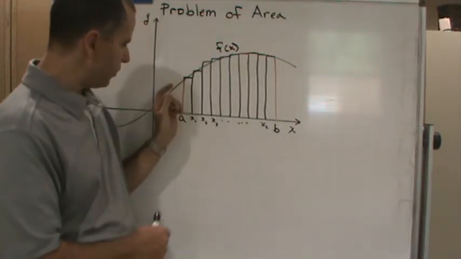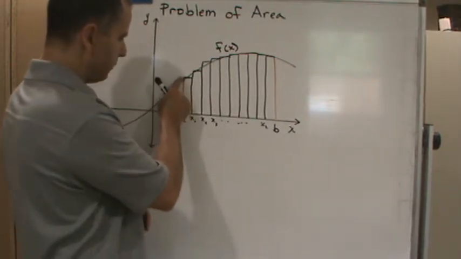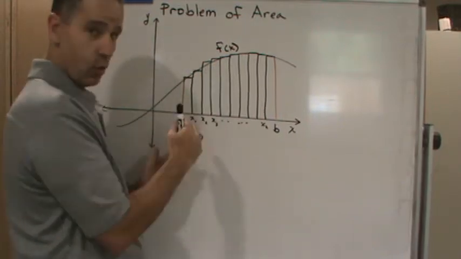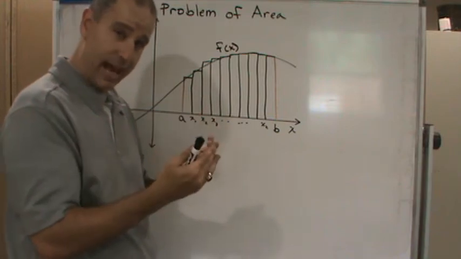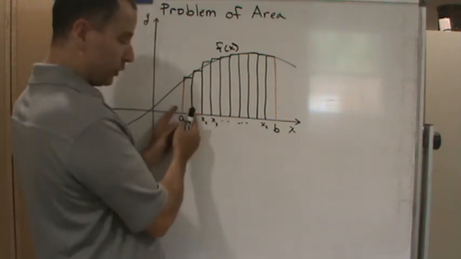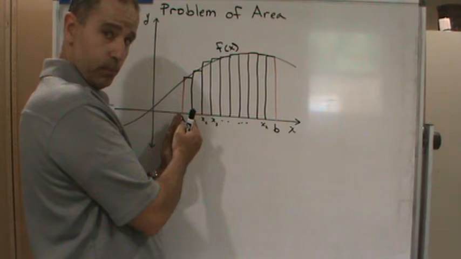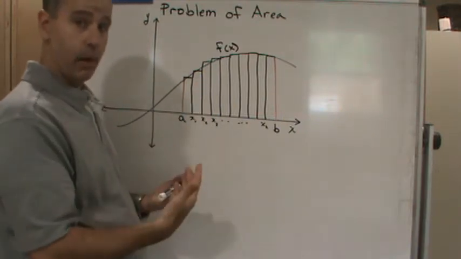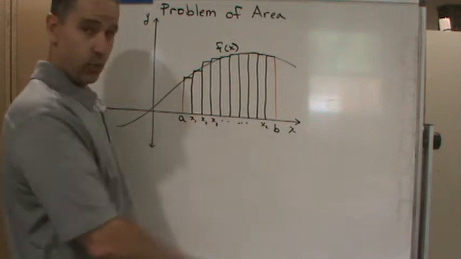As you notice, some pieces of the rectangles are above the line, some of them are below the line, so our estimate is not going to be exact, but as our rectangles become thinner, we're going to get a more accurate approximation, and that's where we're heading.